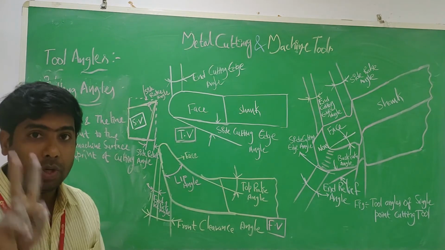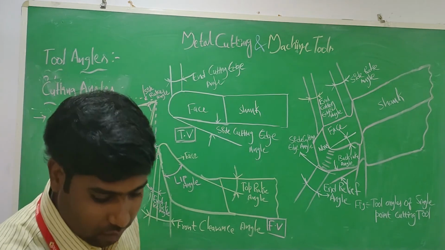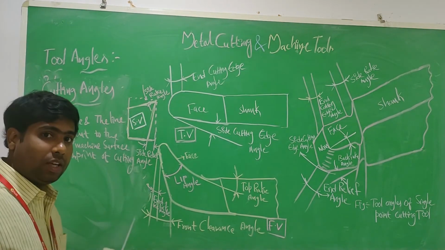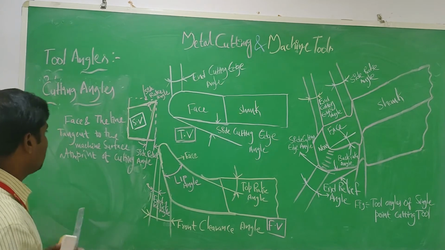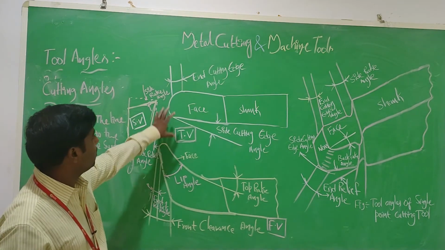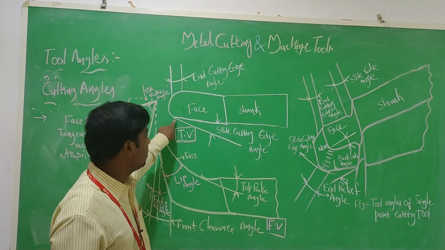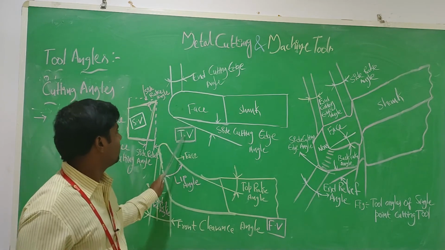But we have two types of cutting angles. One is the side cutting edge angle, another is the end cutting edge angle. If you observe in the top view, this is the top view, right?